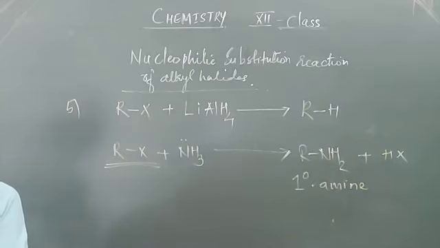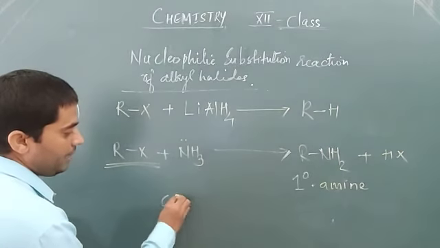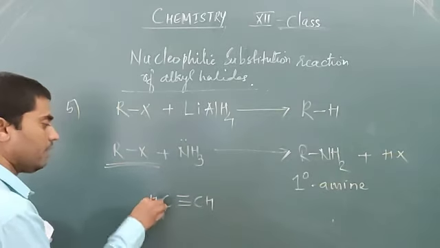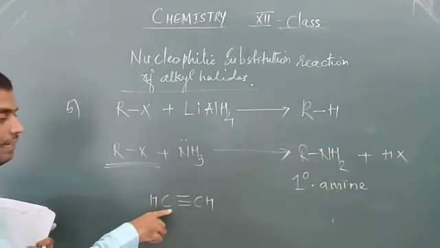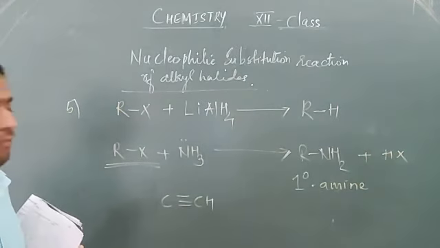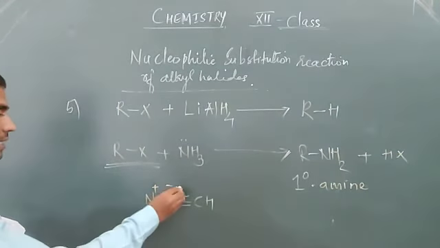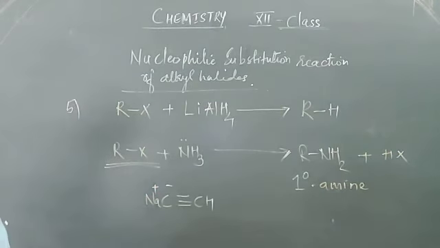Another reaction is with acetylide, sodium acetylide, C triple bond CH. If we take HC triple bond CH, then it will be acetylene. But we will remove H by sodium. Now it becomes acetylide.